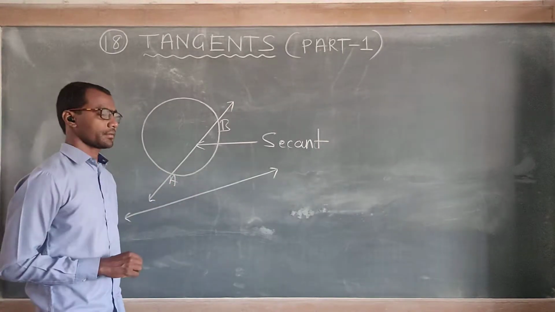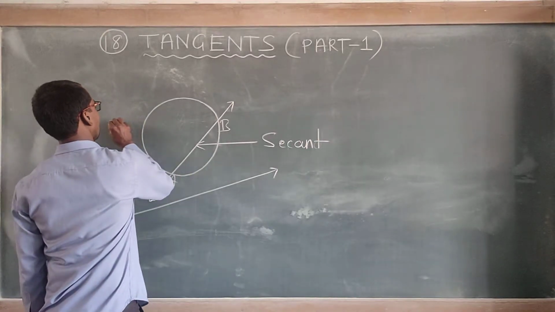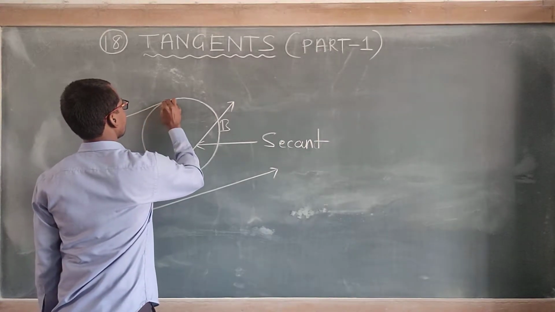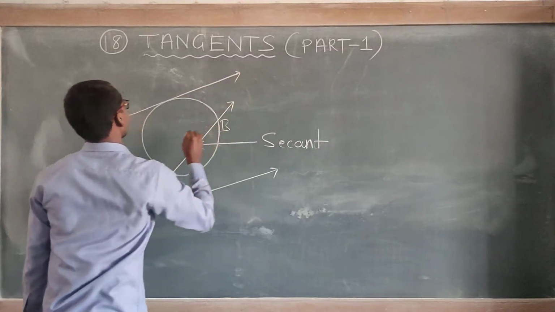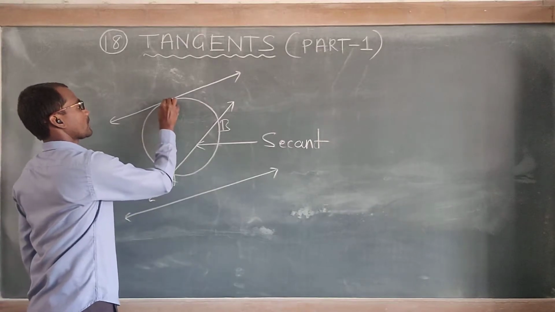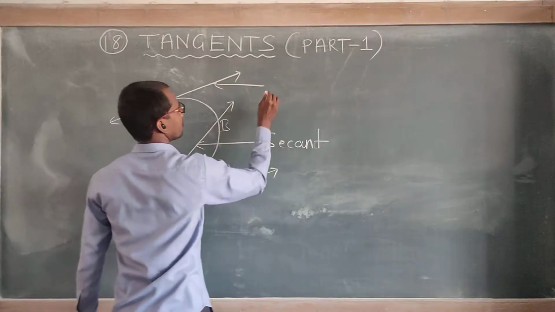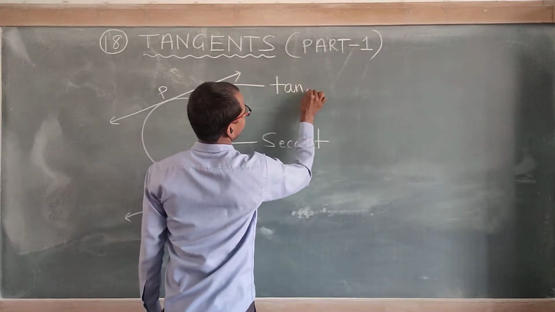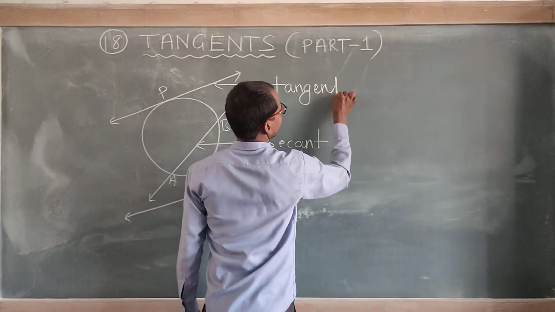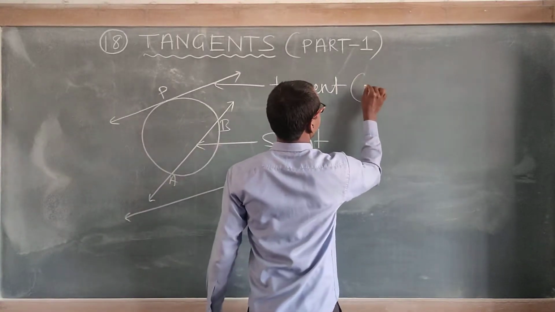Then the third line will just touch the circle like this. This is a special line which is simply touching the circle at one point. Let the point be P. This line is called a tangent, and tangent means to touch.